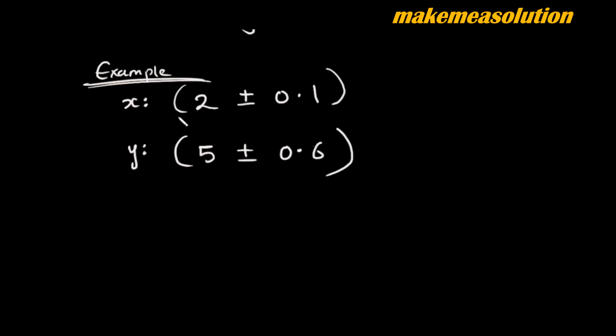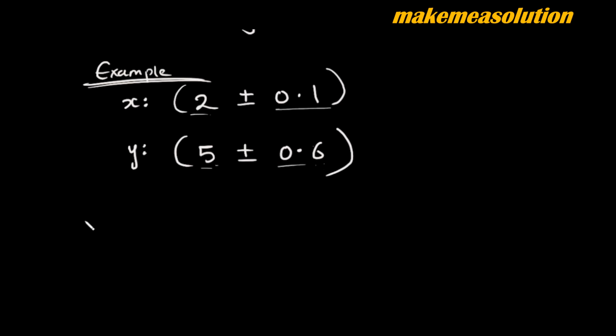So for x, this is the measured value, and this is the associated approximate absolute error. And for y, this is the associated measured value, then this is the absolute error and the approximate error.